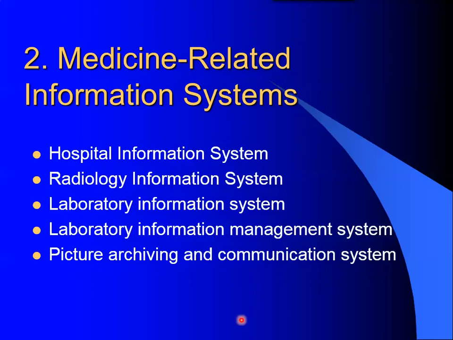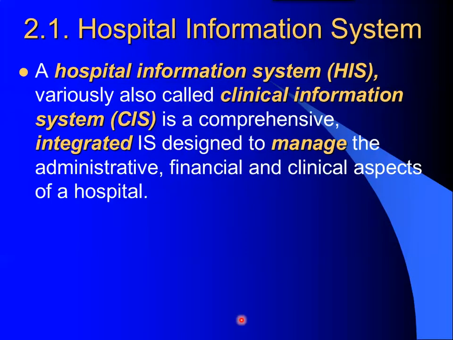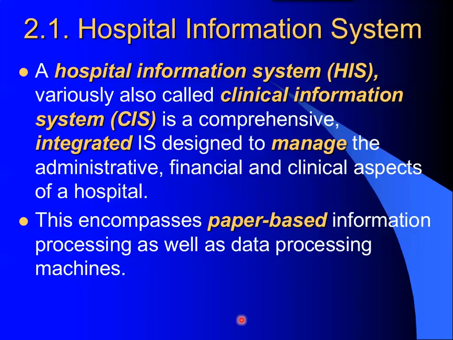Practically, I will just quickly run over several general types like hospital information system, radiology, laboratory, and picture archiving and communication system. The last one I have presented before, so maybe I will omit it if I don't have enough time. But first, several words about the general and most common medical information system.